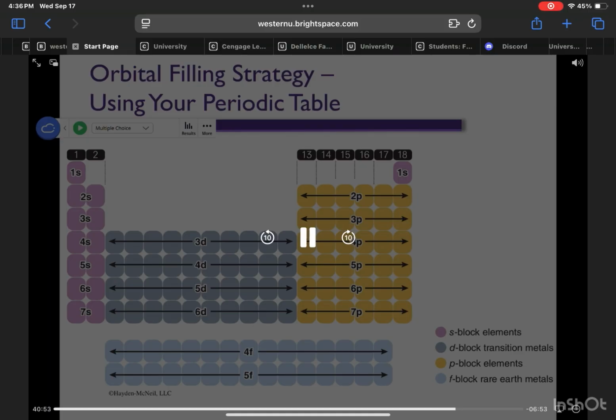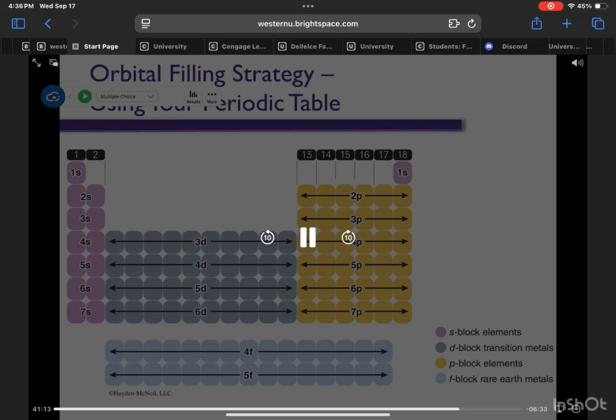When we look at our periodic table, we can get more than just the symbols of the elements. We can get more than just the masses. Based on where the element is located, it also gives us information about which orbitals the electrons are hanging out in.